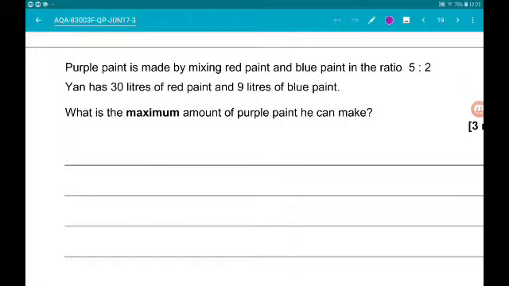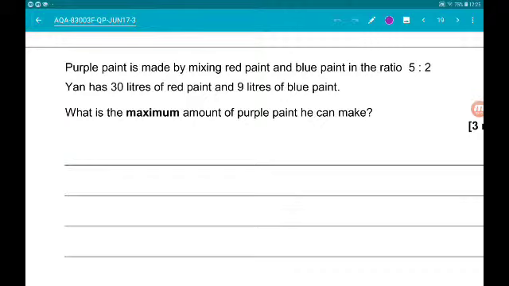Okay, question 21, better ratio. So purple paint is made by mixing red paint and blue paint in the ratio 5 to 2. Jan has 30 litres of red paint and 9 litres of blue paint.